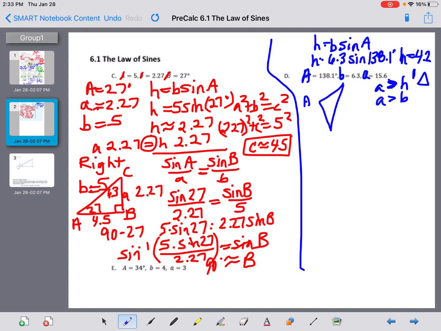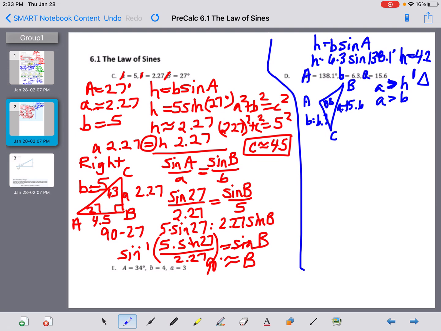So A there at 138. Little a is 15.6. I don't know angle B. I don't know angle C, but side B is 6.3. It really would help if I had more room, I think.